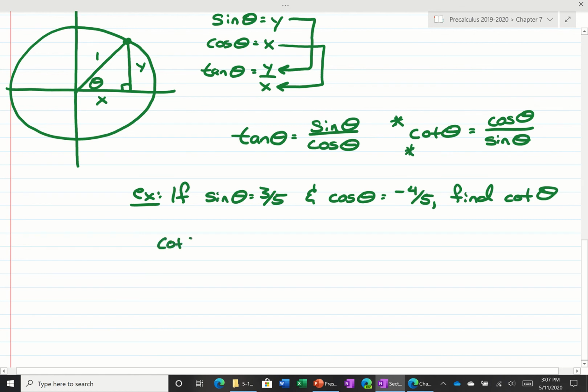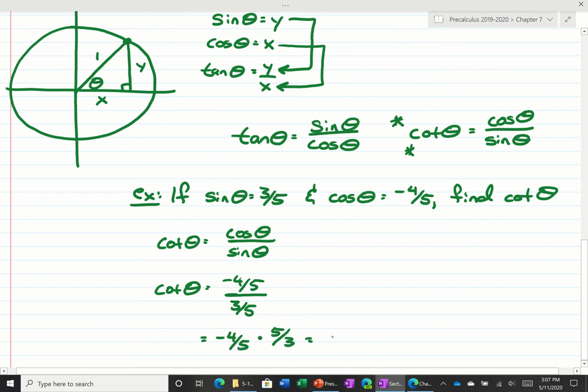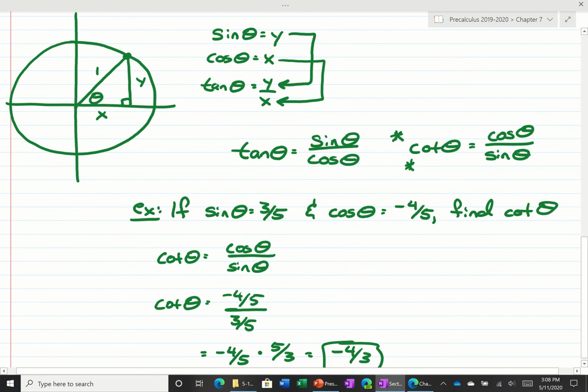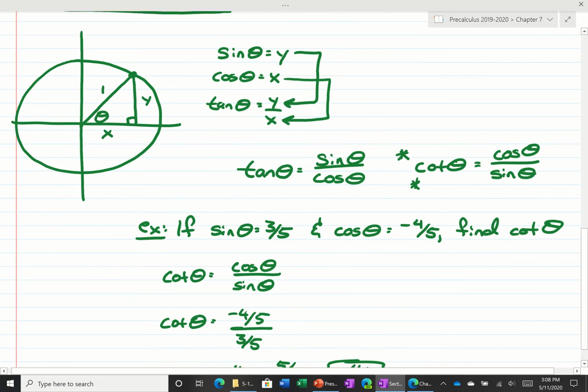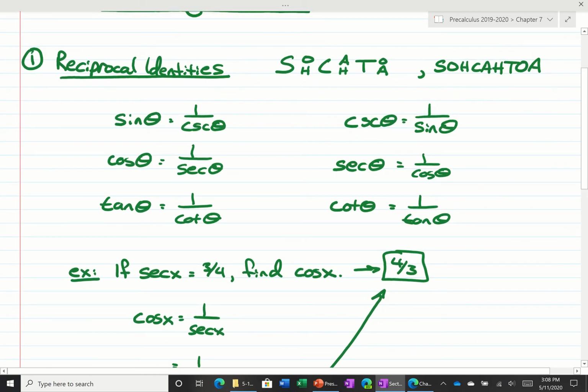So if the cotangent of theta is equal to cosine over sine, then the cotangent of theta would equal negative 4/5 divided by 3/5. And we're going to keep, change, flip, and we'd get the answer as negative 4/3. Those are the kind of problems we would use the quotient identity for. Let me just highlight our formulas.